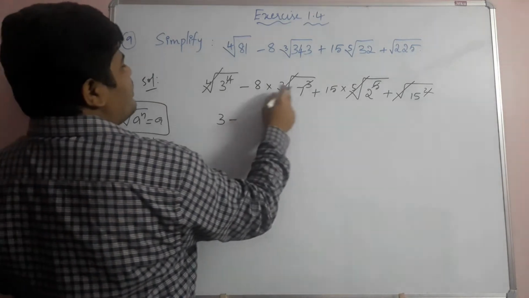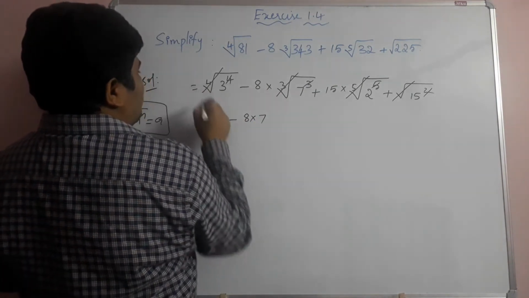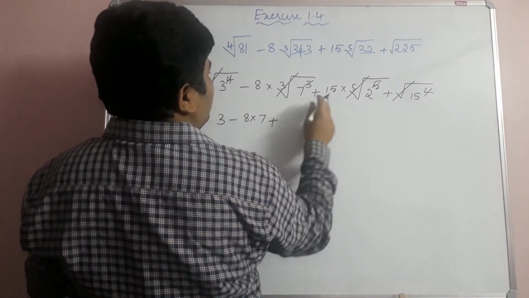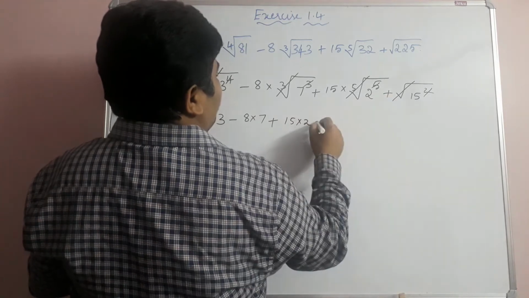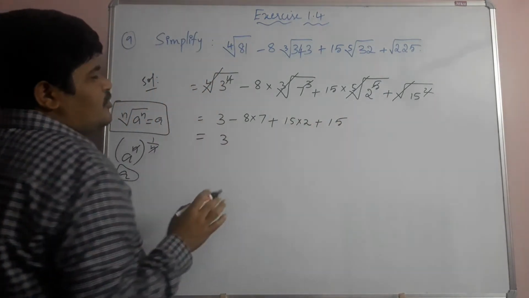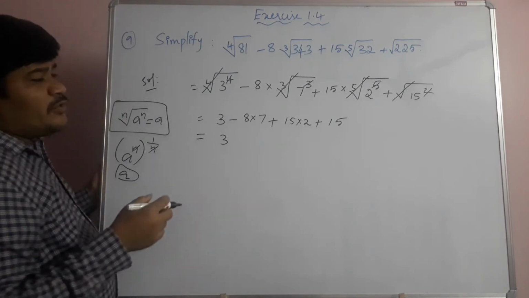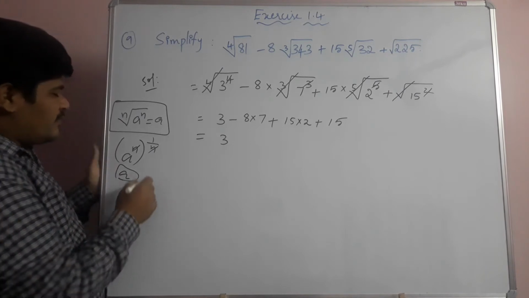Now what is left? 3 minus 8 into 7, plus 15 into 2, plus 15. So students, here we need to follow BODMAS. First we need to do the multiplication. What is BODMAS?